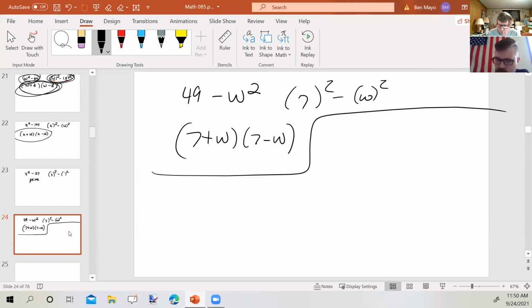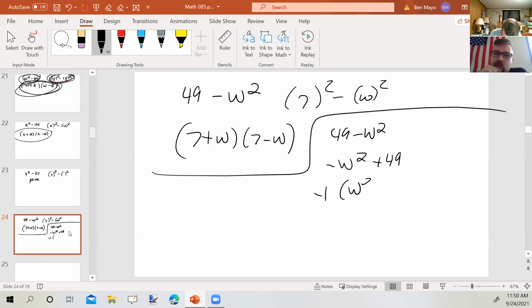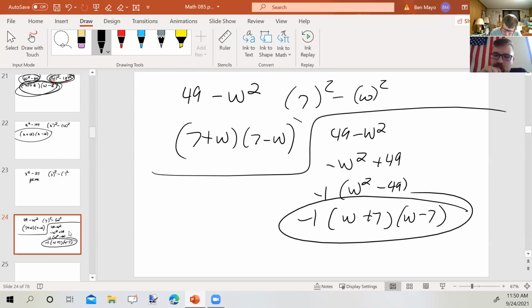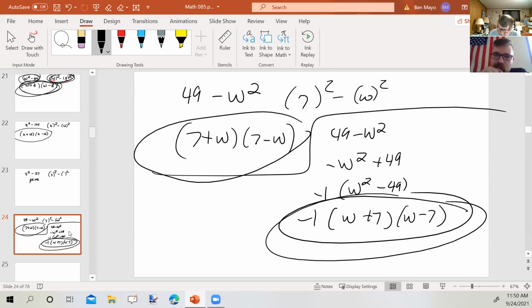Now, if you want to go the long way, you could do this. You could say, well, that would be the same thing as negative w squared plus 49. Let's factor out a negative 1. So now we get w squared minus 49 inside. And then we get negative 1, w plus 7, w minus 7, and we get that answer. This is the same as that answer, but it took longer and it's a little more complicated.